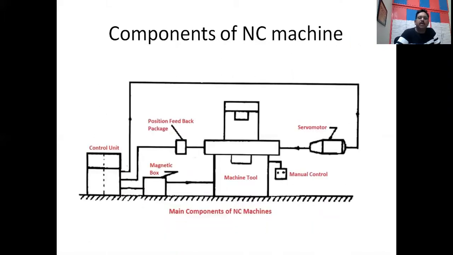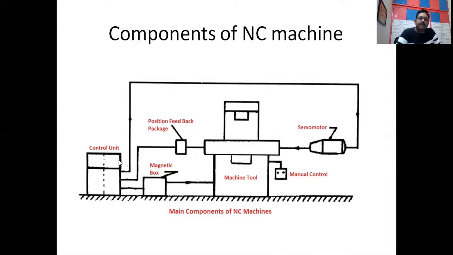So this is a block diagram of an NC machine. This is the machine control unit. The program of instructions will be given to the machine control unit. In it, you have a tape reader that will read, and a data buffer.